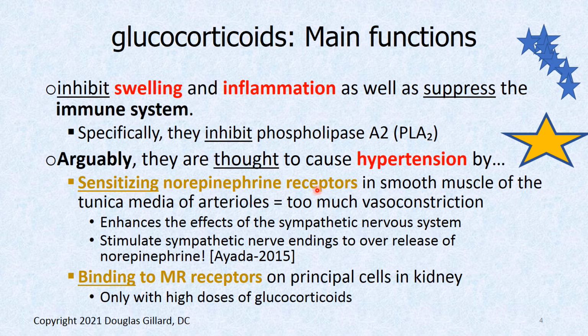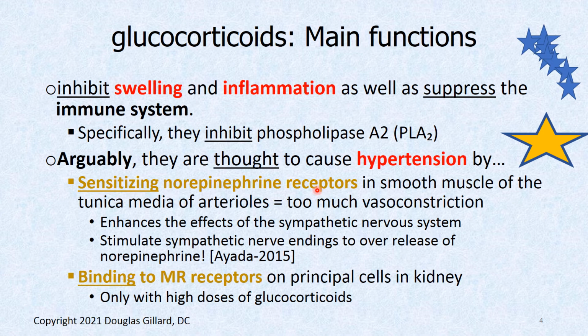Where is it released? Not in the tunica media. Tunica adventitia. The norepinephrine diffuses in, binds to its receptors in the tunica media, and causes vasoconstriction of the smooth muscle, which crunches down on the lumen. Some research says cortisol sensitizes these norepinephrine receptors, and therefore the vessel responds to norepinephrine too aggressively.